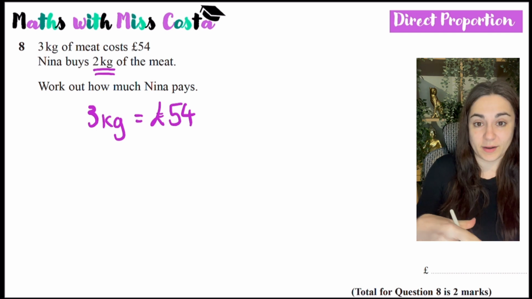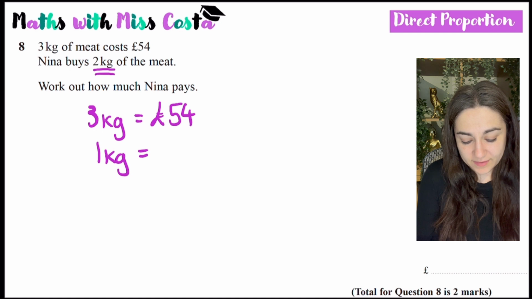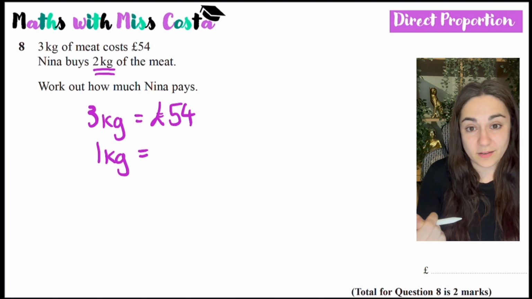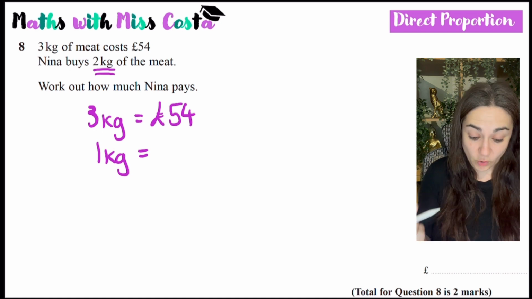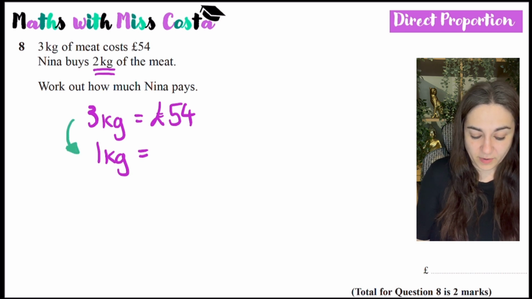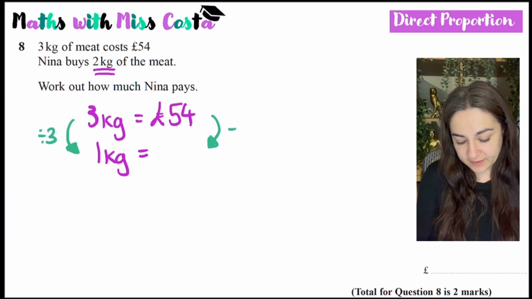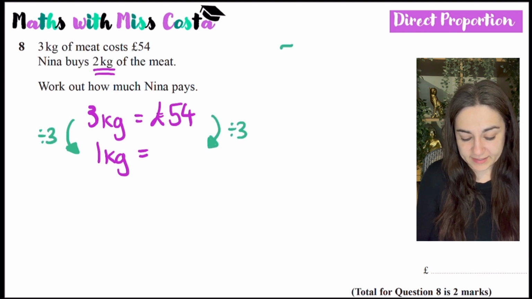So I know that 3 kilograms is £54. I can then use the unitary method just to figure out what one lot of whatever it is costs. So in this case, 1 kilogram. How do I do that? Well, I think to myself, what do I need to divide by to get from 3 to 1? I'm dividing by 3. So I need to do the same to the other side. So I need to do 54 divided by 3.